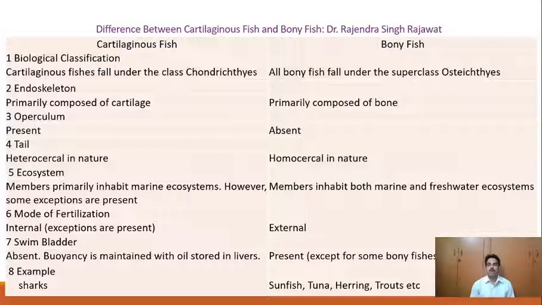Whereas bony fishes inhabit both marine and freshwater ecosystems. So they are distributed in both marine and freshwater ecosystems, whereas the cartilaginous fishes primarily inhabit the marine ecosystem.